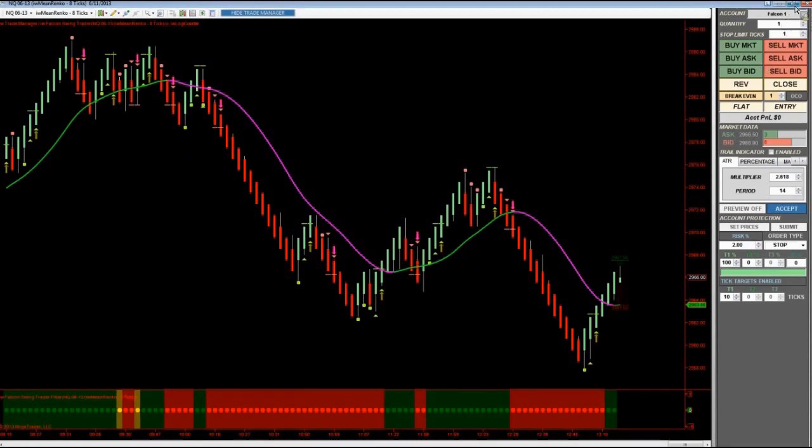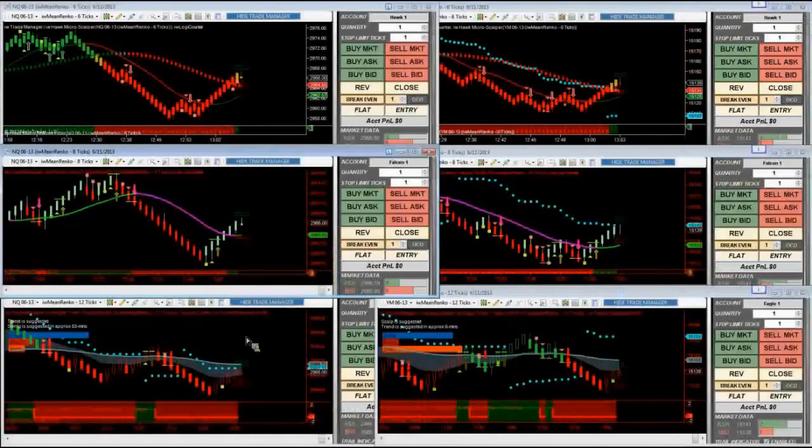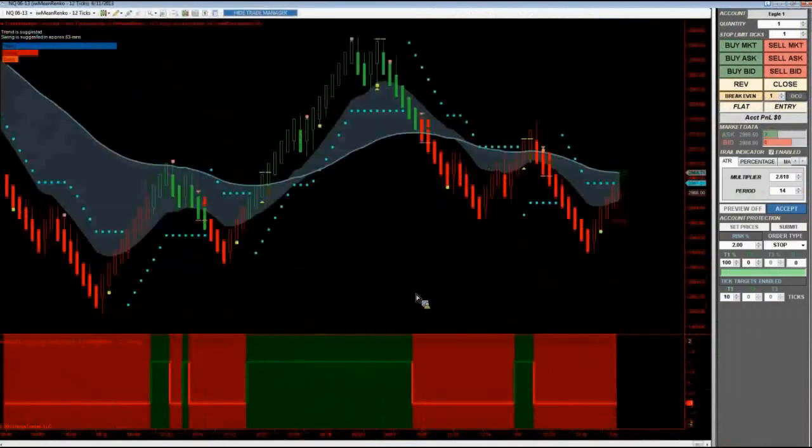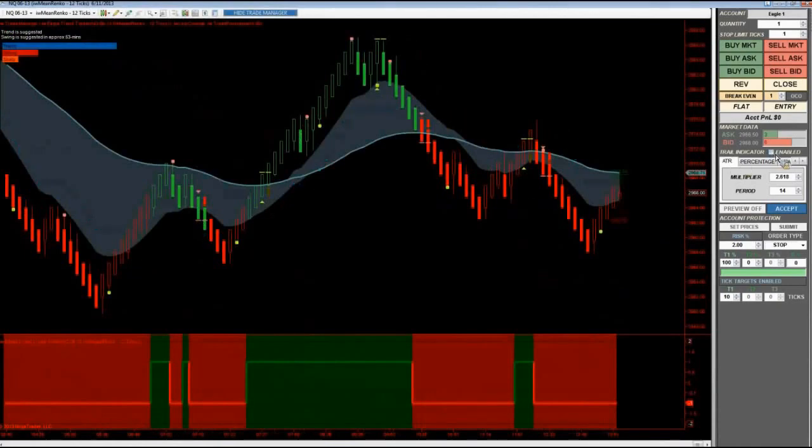Let's take a look at the trend trading tool here for a moment. And this is what we call the Eagle Trend Trader. And once again, you can see it's similar but different. Now this tool has been developed to try to pick up on emerging trends. And essentially the signal is the same again.